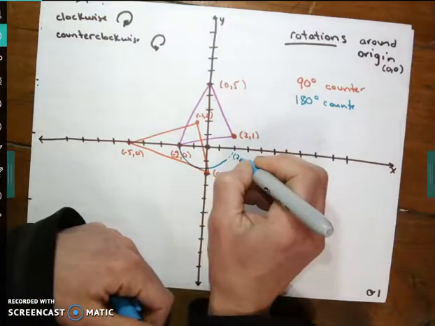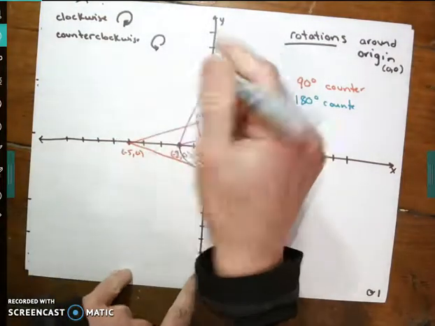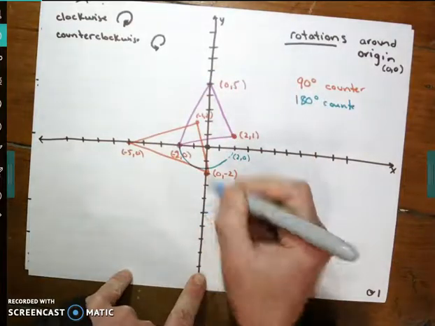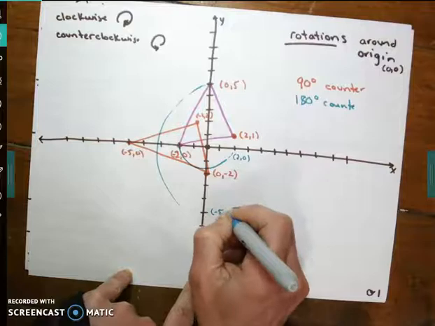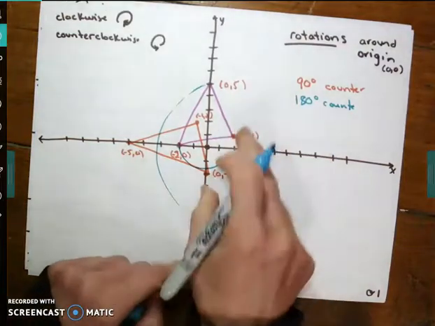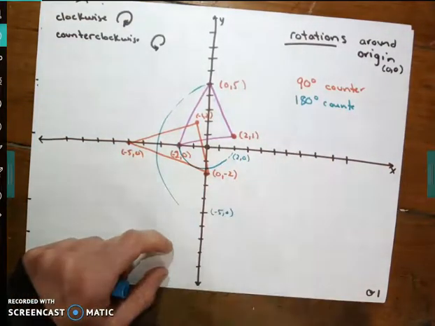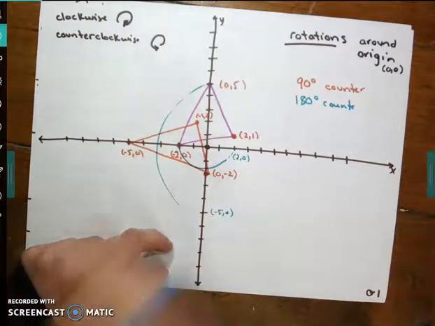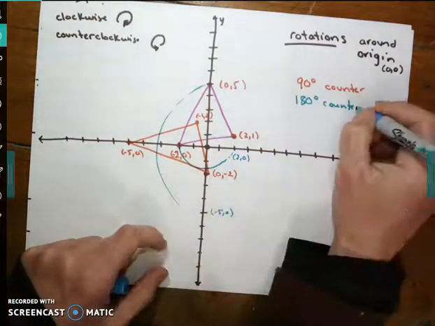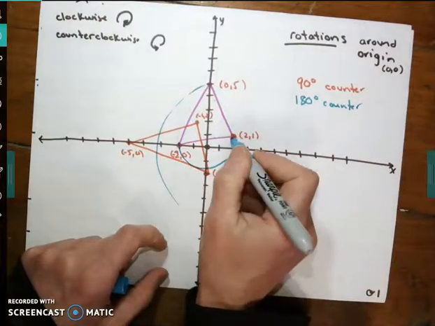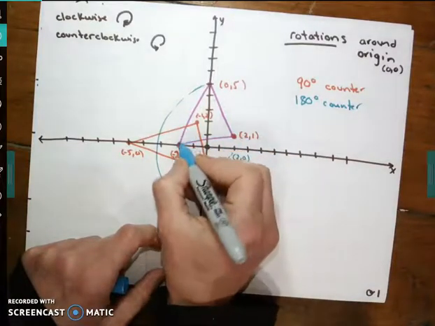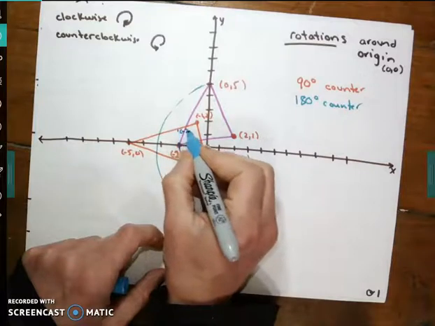Now it's 2, 0. 0, 5 would go 180 to -5, 0. So what happened? We didn't flip the order, we just changed the sign of the first one. So what do you think will happen when this one goes a complete 180? I'm going to change the sign of the first one, so it should be -2, 1.